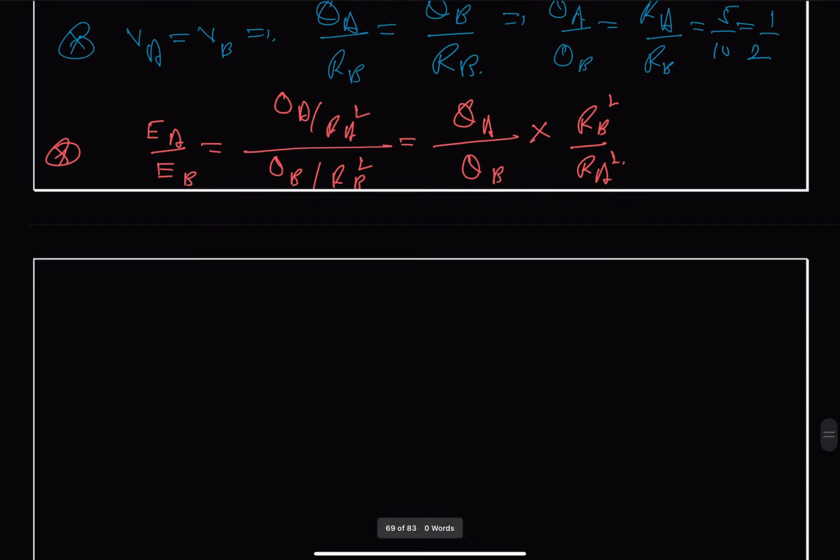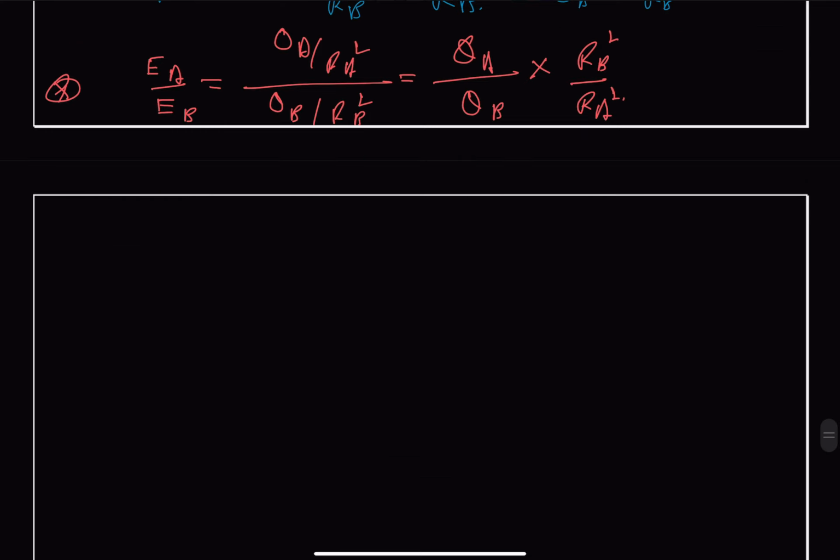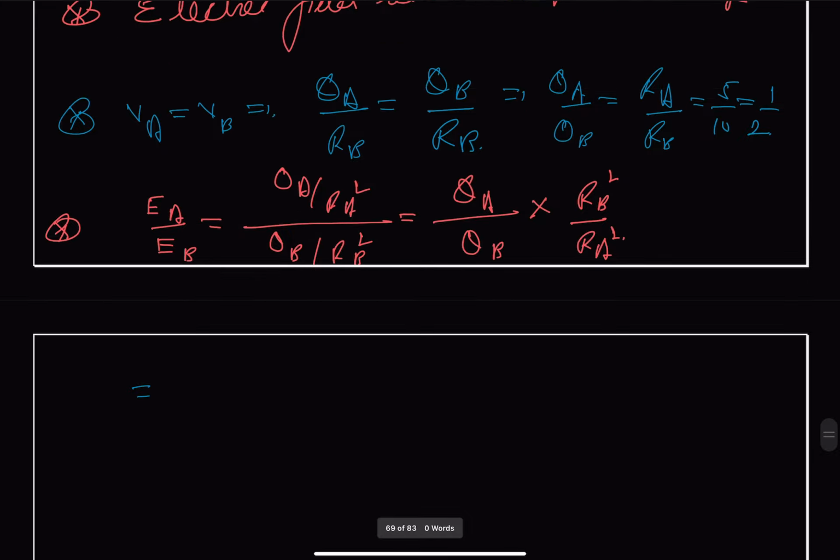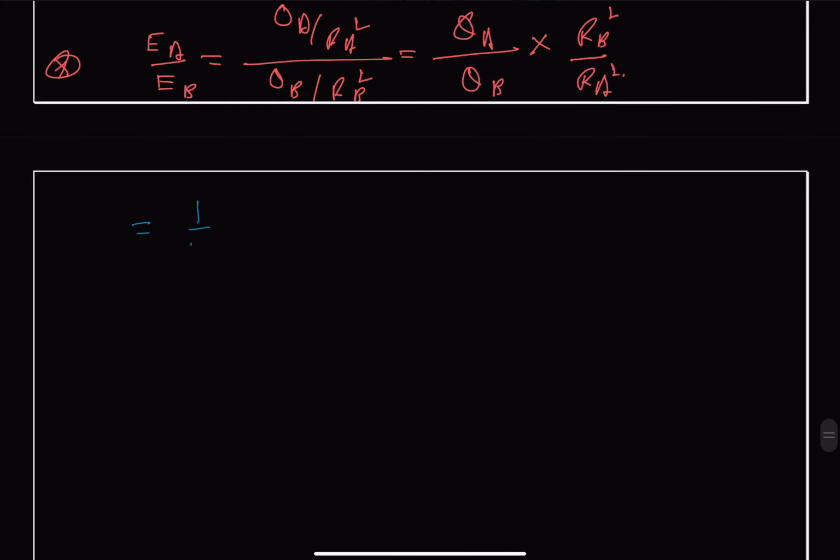Now we simply substitute the values. QA upon QB we found out is 1 by 2, and RB upon RA is 10 upon 5 whole square, which is 4, so this comes as 4 by 2, giving us 2.